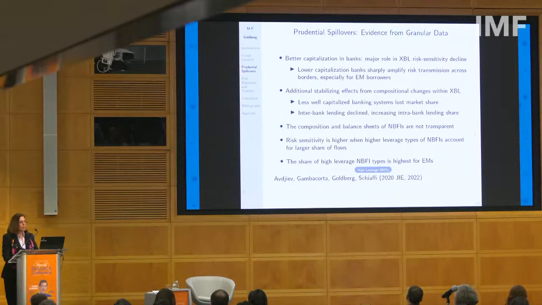However, in market-based funding of borrowers, risk sensitivity appears to be higher when higher leverage types of non-bank financial institutions account for a larger share of the flows. The high leverage NBFI types associated with global liquidity inflows actually are quite different across so-called safe havens, other advanced economies, and emerging markets.